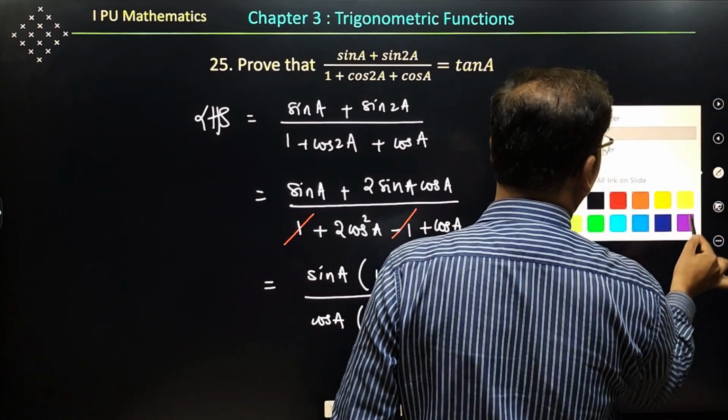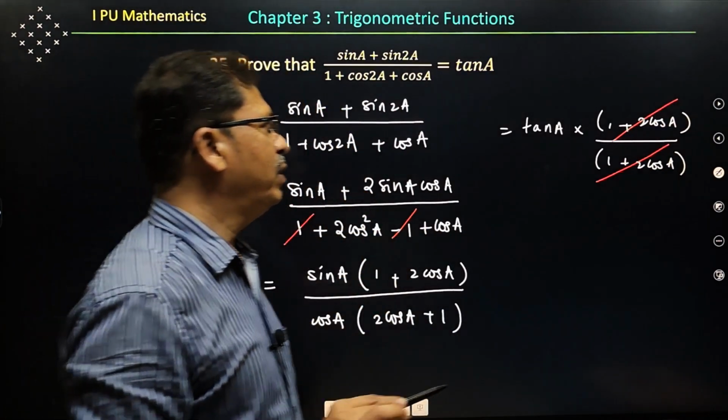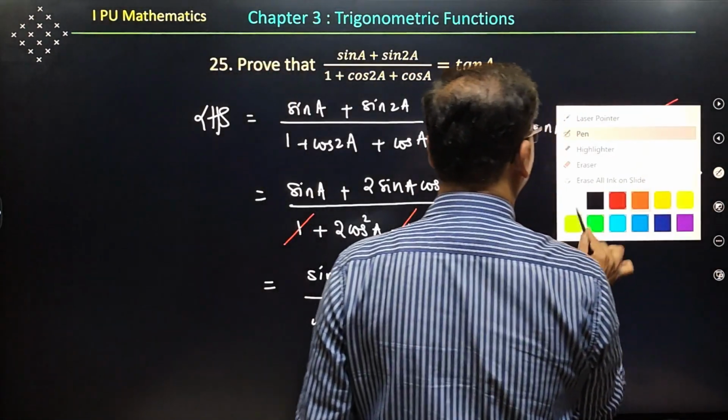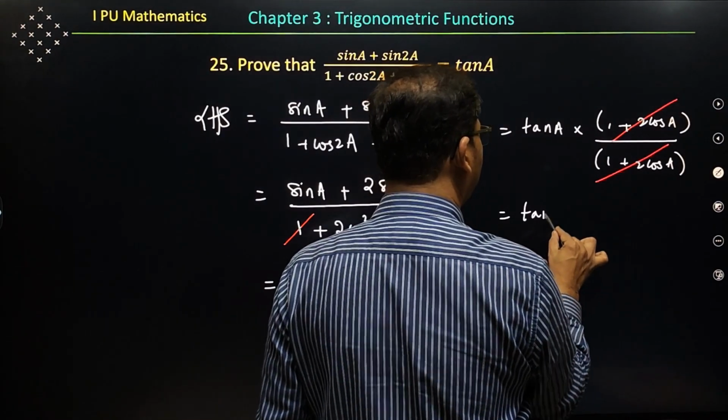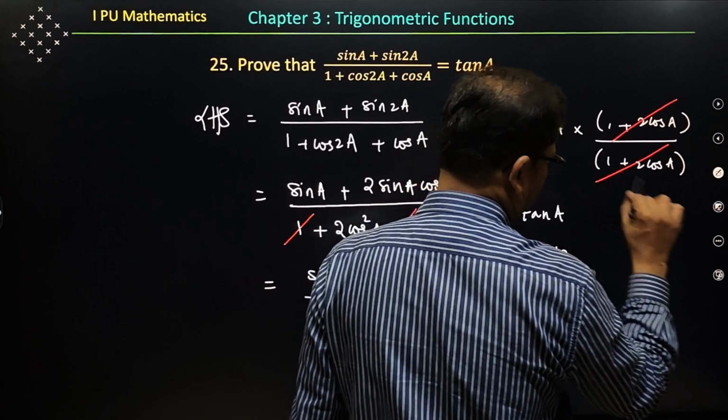Now it is time to eliminate 1 plus 2 cos a entirely. What remains? Tan a remains. This is equal to tan a, and this is your required RHS here.